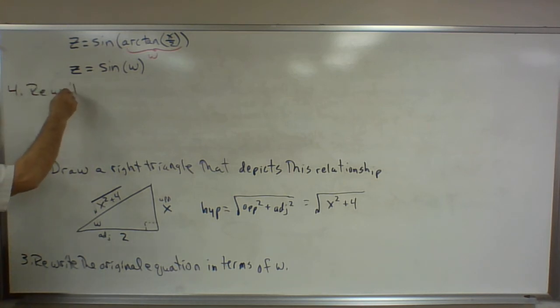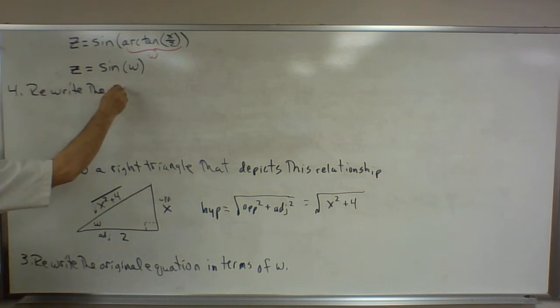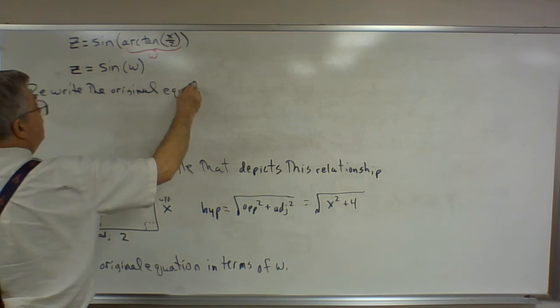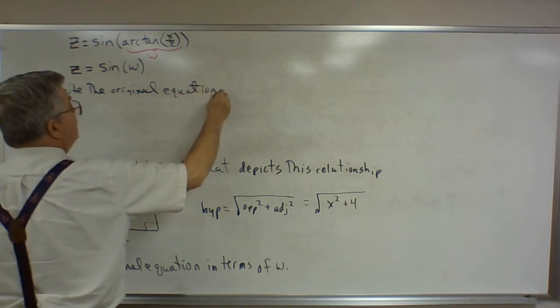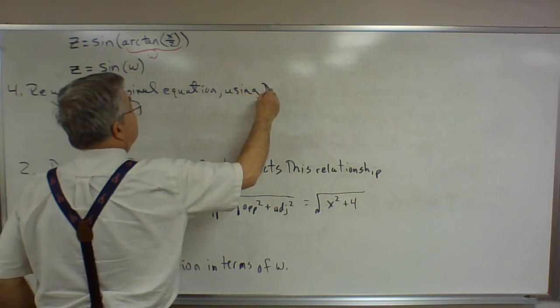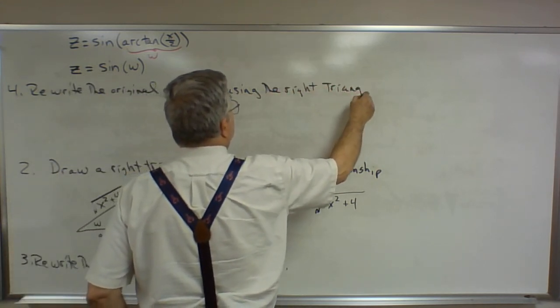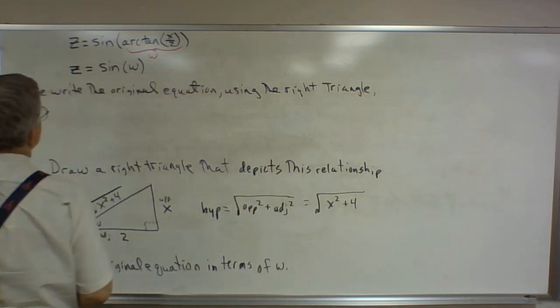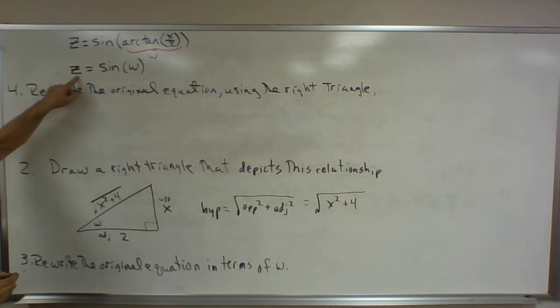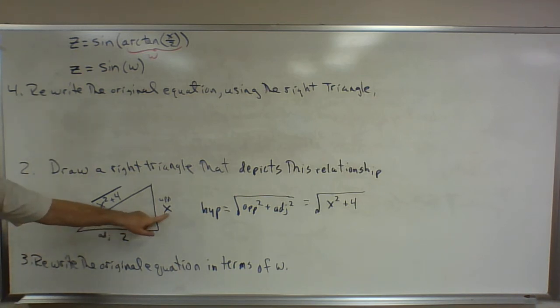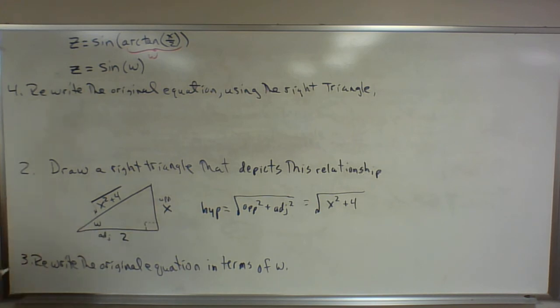Now we'll just rewrite the original equation using the right triangle. Z equals sine of w. Here's our right triangle. What is the sine? Isn't the sine opposite over hypotenuse?